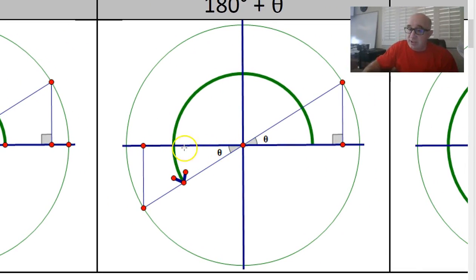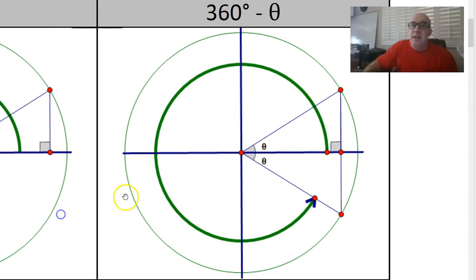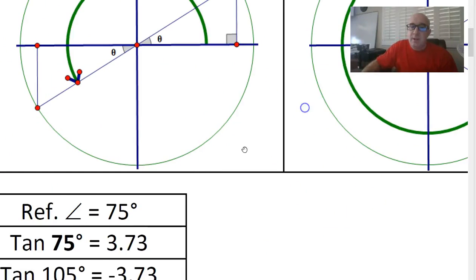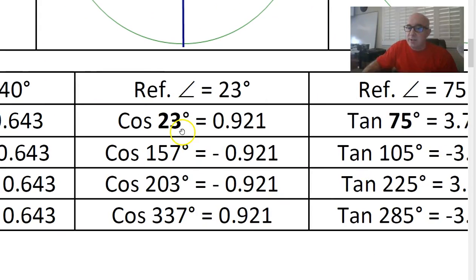The adjacent is also negative here, so we have a negative answer in this quadrant. And notice the adjacent, or the x value, is positive again here, and so overall it's positive. So we learn that cosine is always going to be positive in quadrant 1 and in quadrant 4. The other 2 quadrants will be negative for cosine.